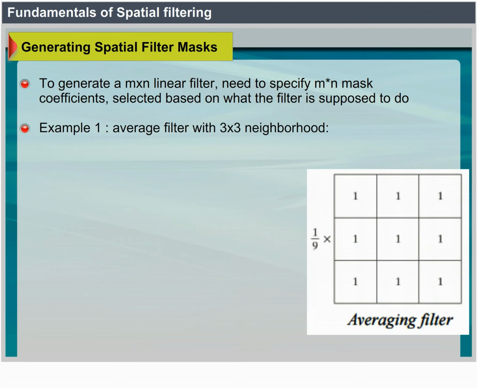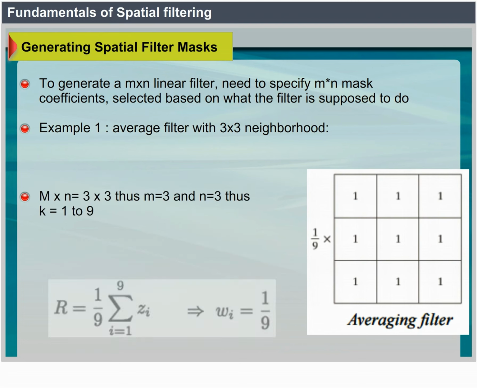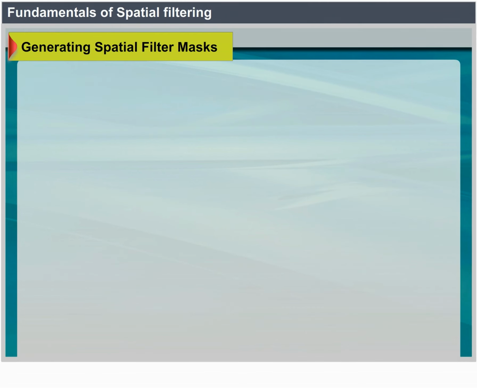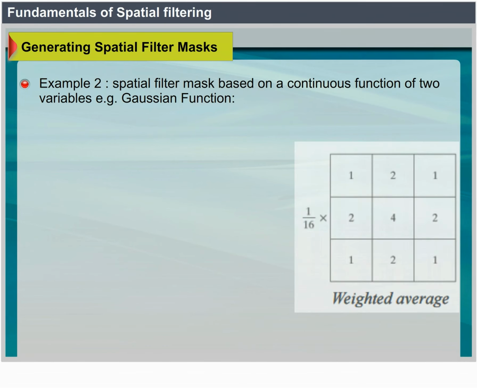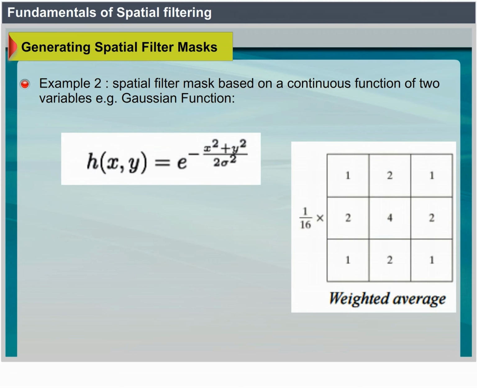Histogram processing. Histogram of an image m*n with intensity levels in [0, L-1]. Discrete function h(rk) equals nk, where rk equals the kth intensity value and nk represents the number of pixels with intensity rk.